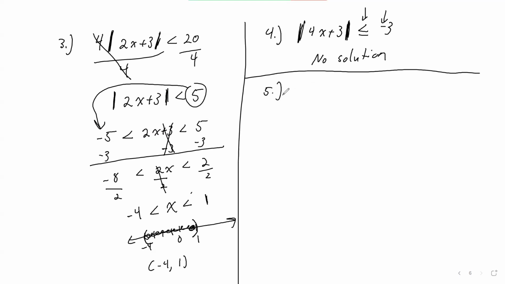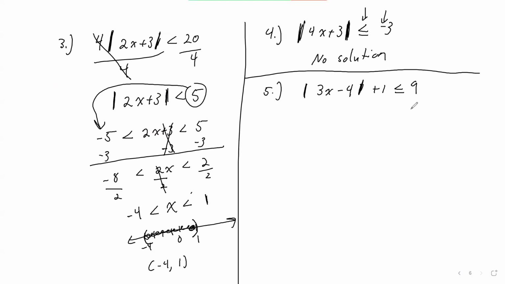All right, on number 5, we have the absolute value of 3x minus 4 plus 1 less than or equal to 9. So what do I have to do before I can make my compound inequality?